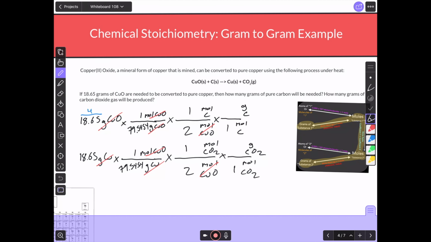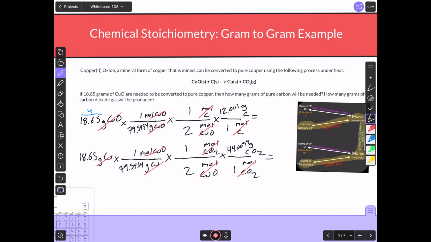Right? These are just from the periodic table, right? Of course, we had to do some addition for this one, 44.0099, right? So now, those cancel out. And we'll be left with our answers in grams.